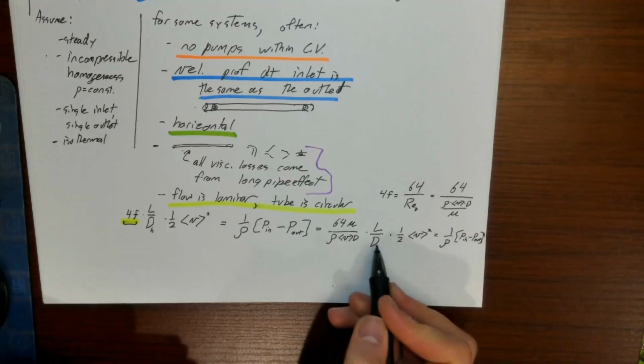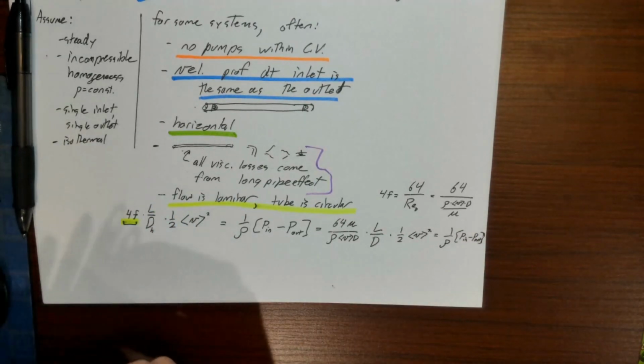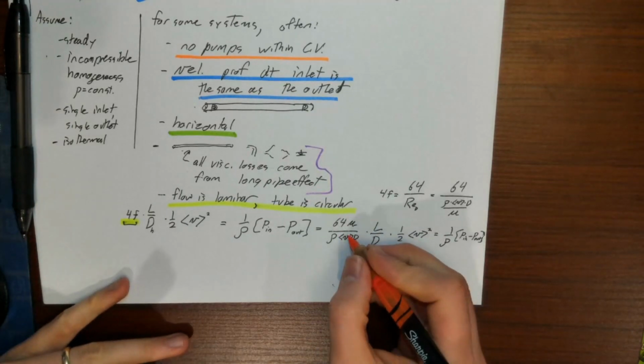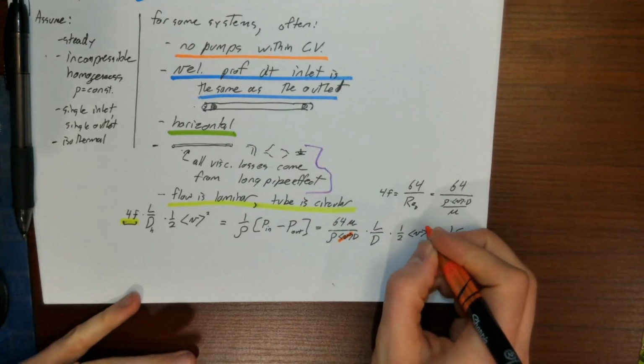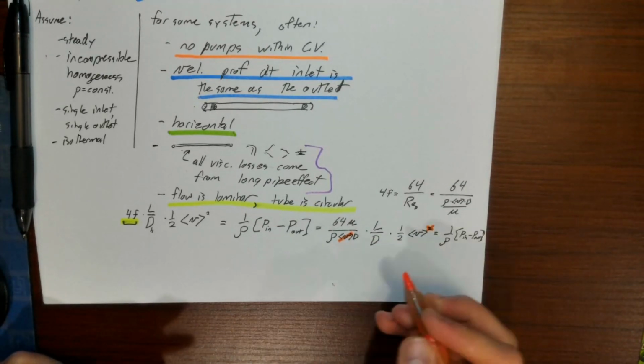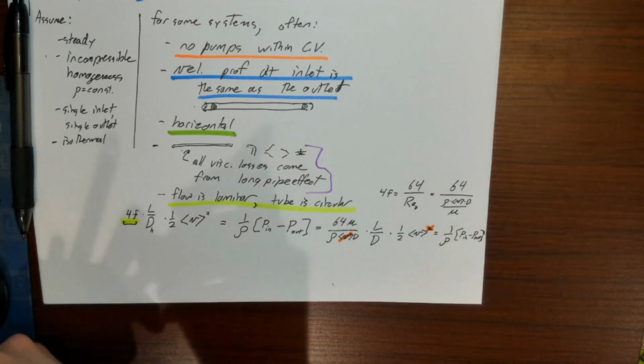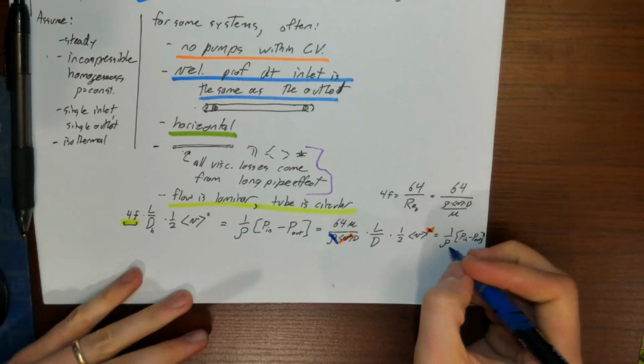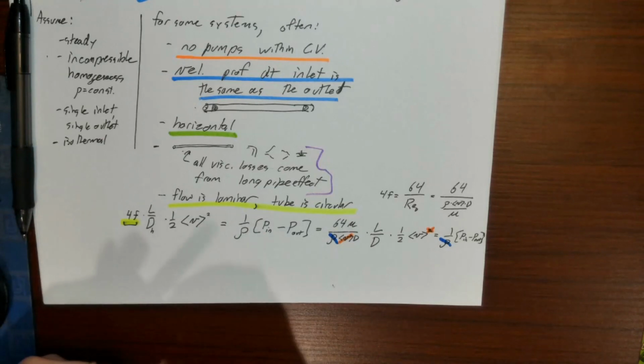We can further simplify things by noticing that some terms cancel out. So the velocity in the denominator here cancels with one of those velocities here. The 1 over rho on this side can cancel with the 1 over rho on that side.